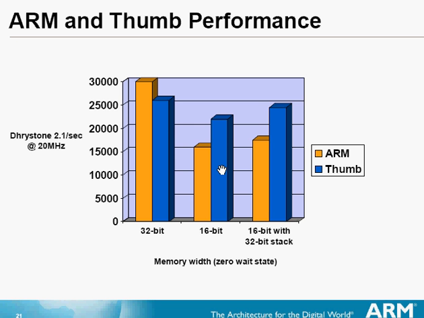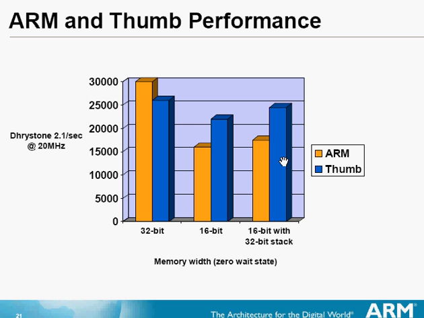However, you can see in the 32-bit example that the performance of Thumb goes down, despite it still taking a single cycle to fetch each instruction.